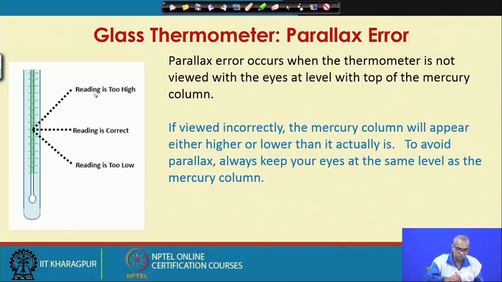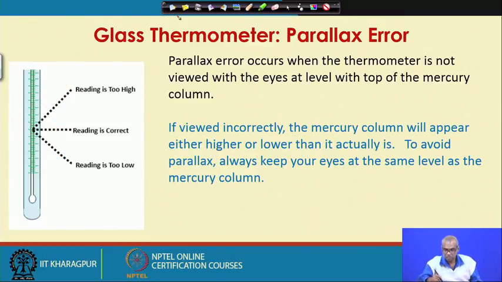So, if you read like this, your reading will be correct. If you are reading like this, you will get a higher reading, which will be incorrect. If you read like this, you will get a lower reading, which is again incorrect.